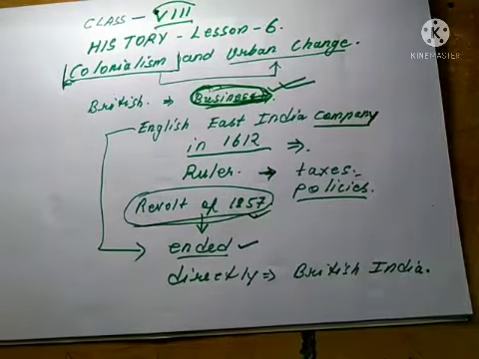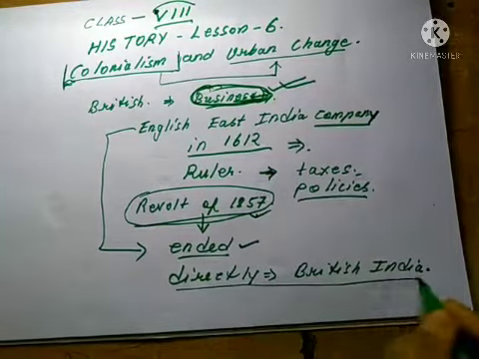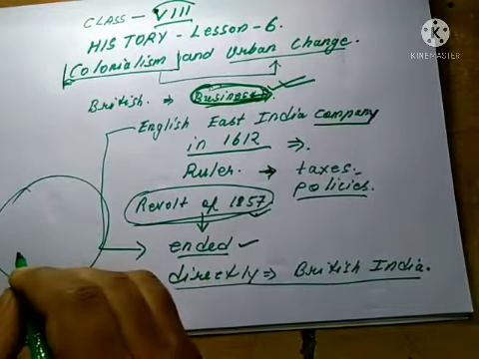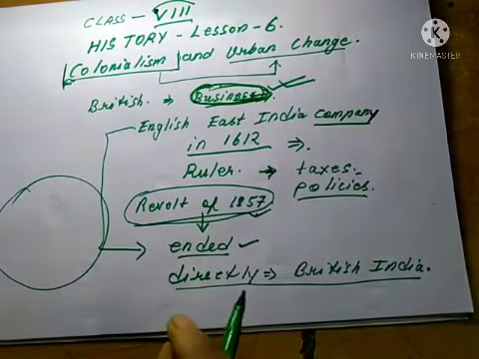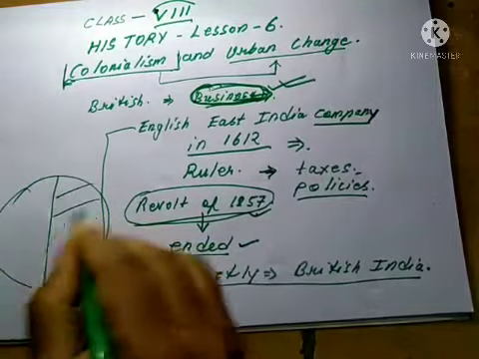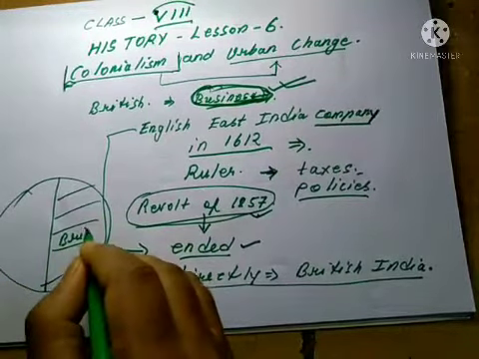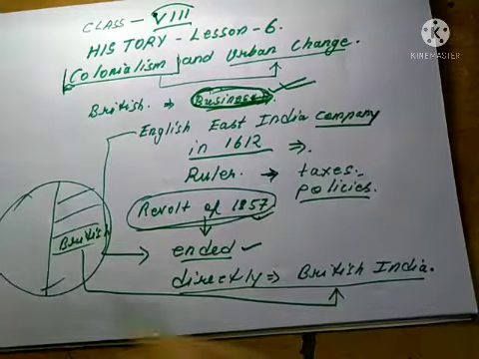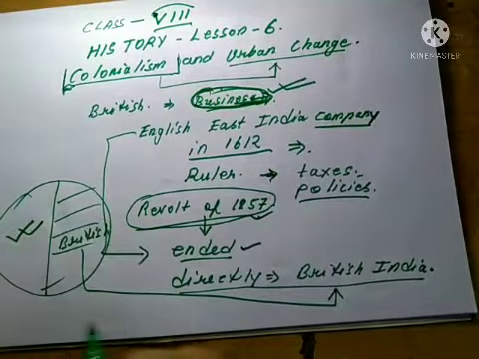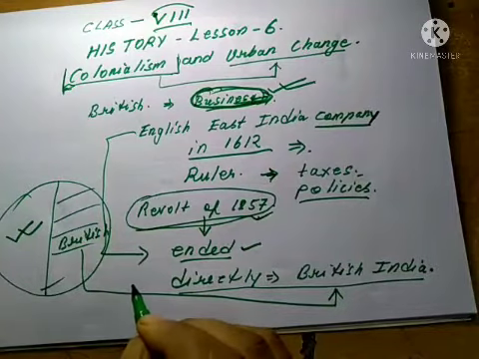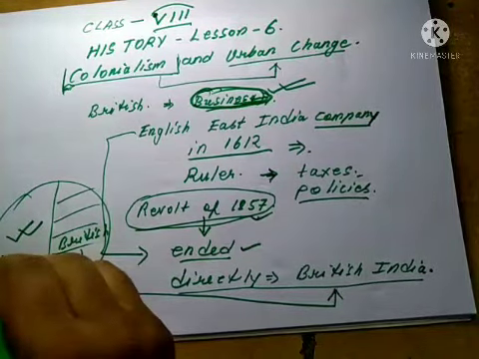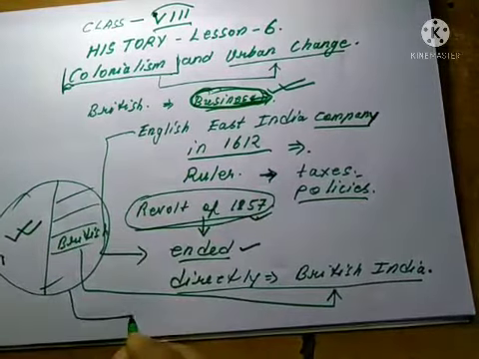So we know that India was ruled directly by the British, but not all parts of the Indian territory were ruled by the British. Some parts were directly ruled by the British, which we call British India, and some parts which were not taken by the British, which were not annexed by the British, were called princely states.